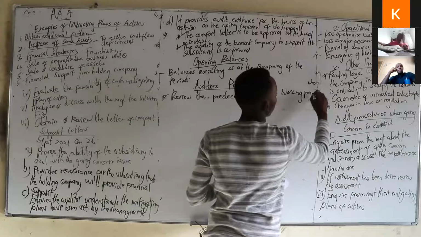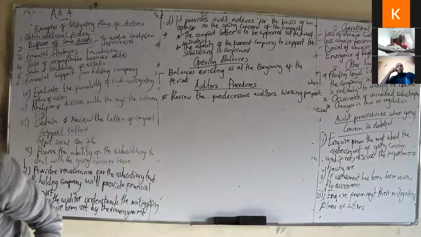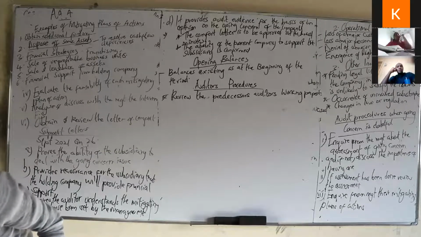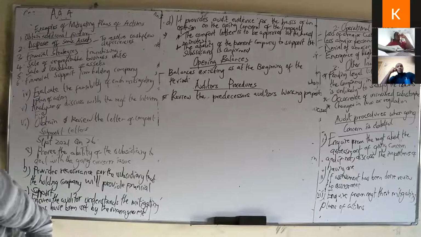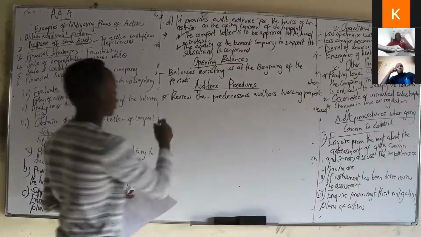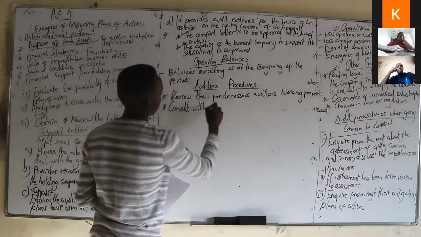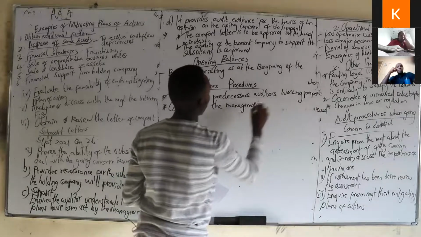In any case, if he is a new auditor, he can also determine whether the opening balance is what was considered to be the closing balance of the last accounting period. Also, he can consult with the client's management, so that they verify these opening balances.